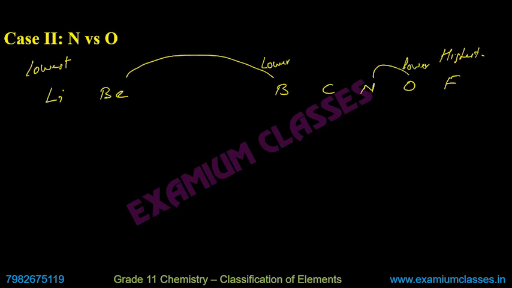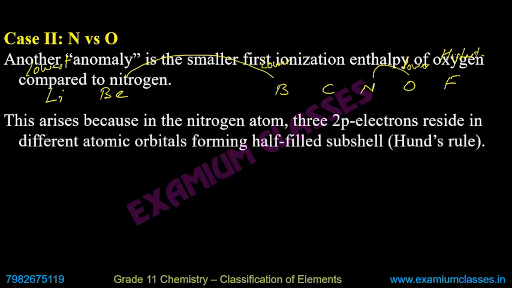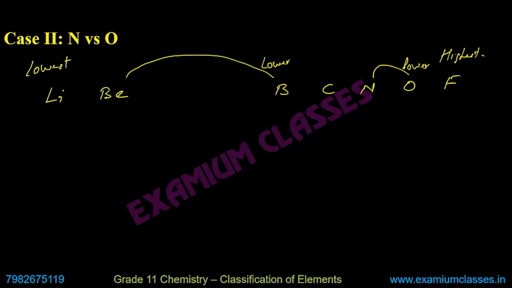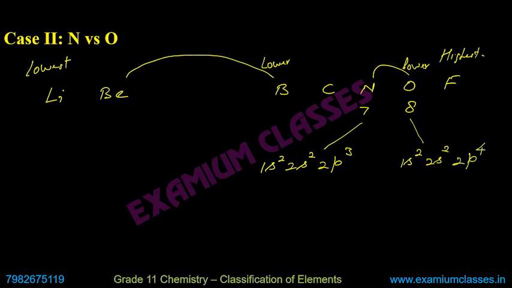lower ionization enthalpy. The reason is that when I write the configuration, this is 7, this is 8. The configuration for this one will be 1s2, 2s2, 2p3. Configuration for oxygen will be 1s2, 2s2, 2p4.